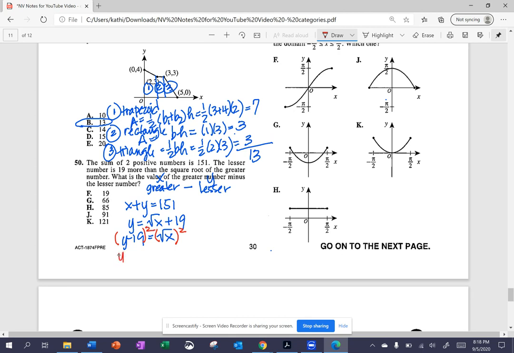So I get y minus 19 squared equals x. So when I multiply this out, I get y squared minus 38y plus 361.